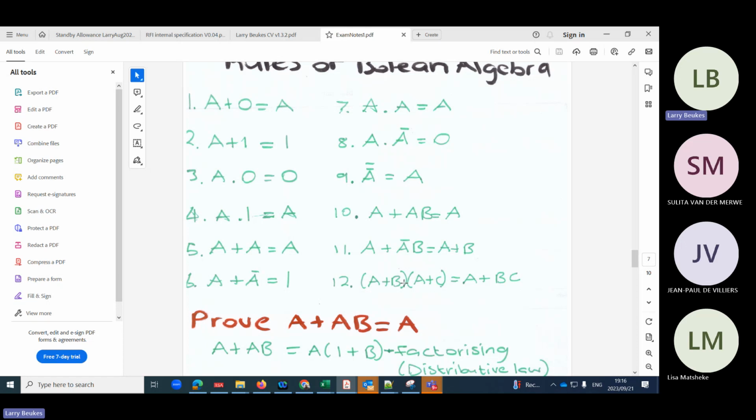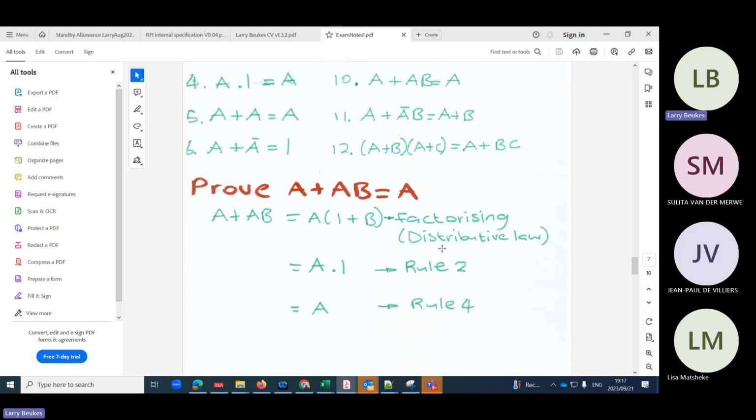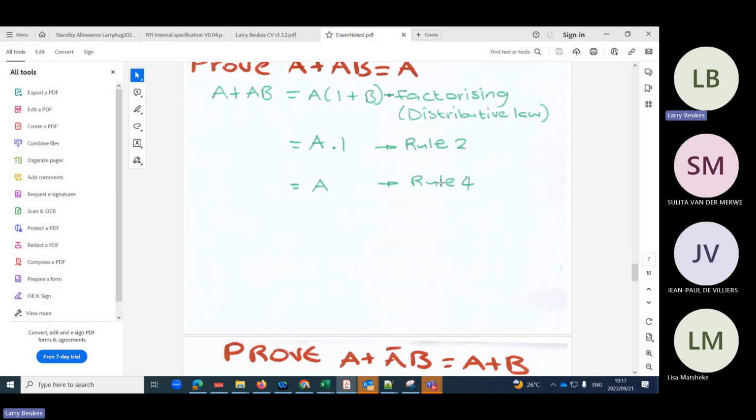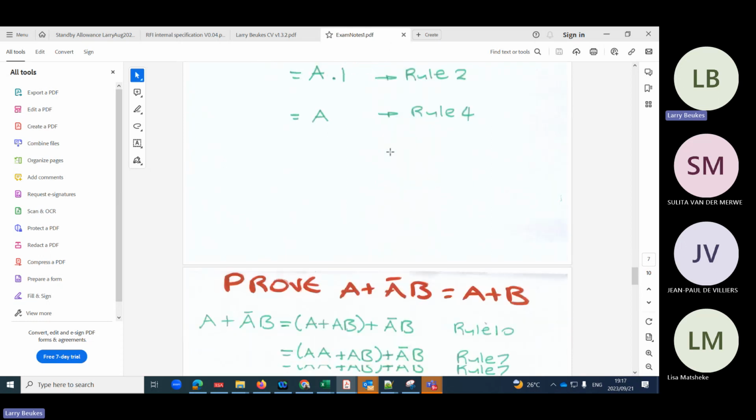Then we said everything else, if you're dealing with these things, we know it's distributive. If you're factorizing, here it is, distributive law. So we no longer use rule 2 and rule 4, unless you can write them down on the side and then say is this rule, but please, just to make it simple for yourself, just write the name of the law. Okay, so we've done this one.